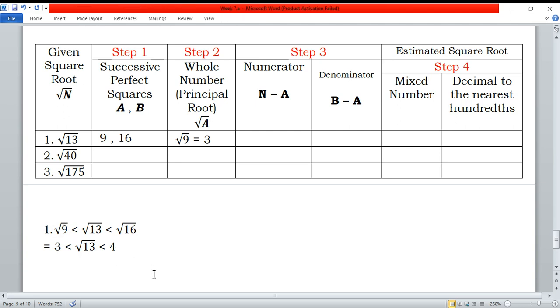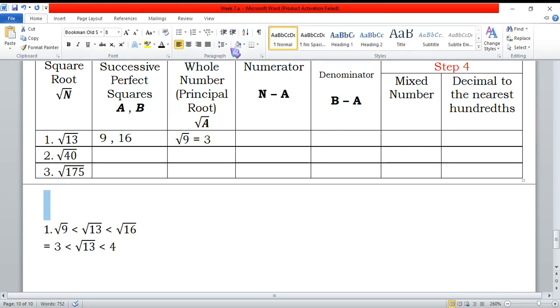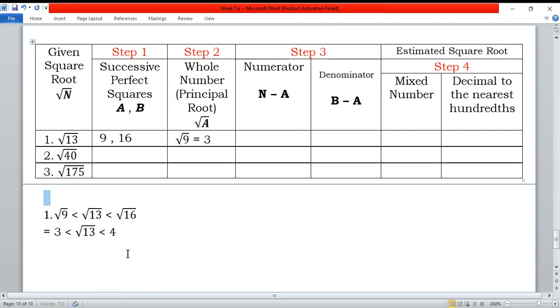Kung nga natin dito yung pagkakasunod-sunod niya. Okay. So, ang N natin dito ay 13. Ang A natin ay equals 9. Ang B natin equals 16.